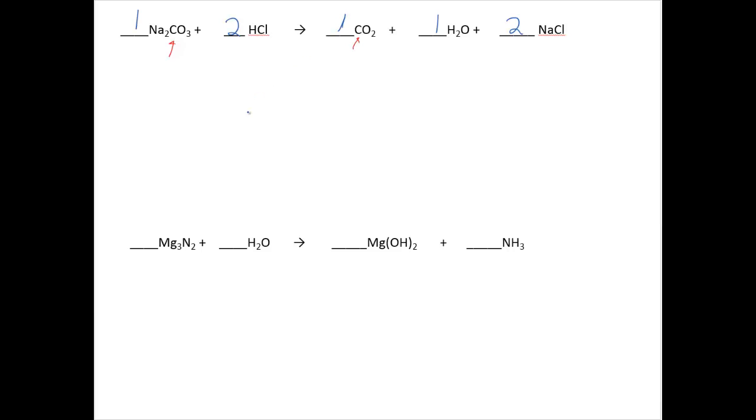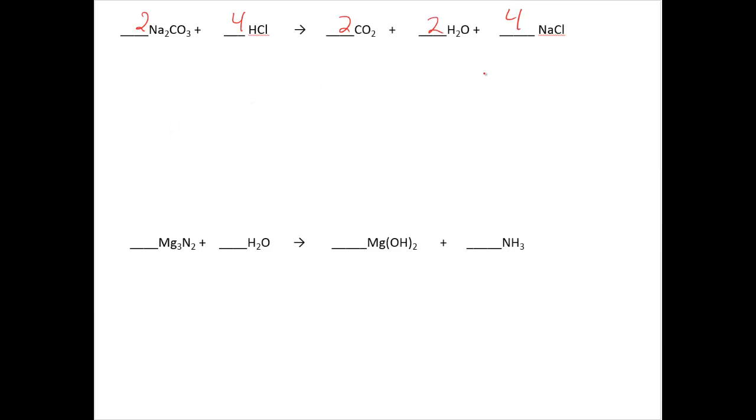Also, I'd like to point out, you want the lowest ratio of coefficients possible. So let's say, for example, in this particular problem, you would have balanced this as 4, 2, 2, 2, 4. Oh, messed that up. 4, 2.